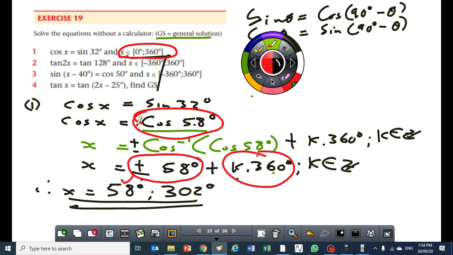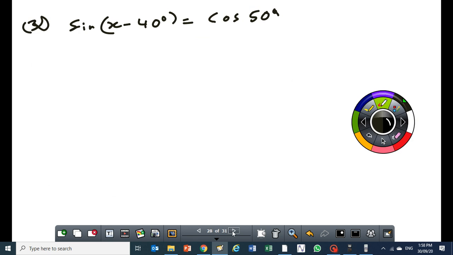Okay. Yes. I'm going to convert the cos to sine. So you end up having sine of x minus 40 degrees is equal to sine of 90 minus 50, which will give you sine 40. Alright?